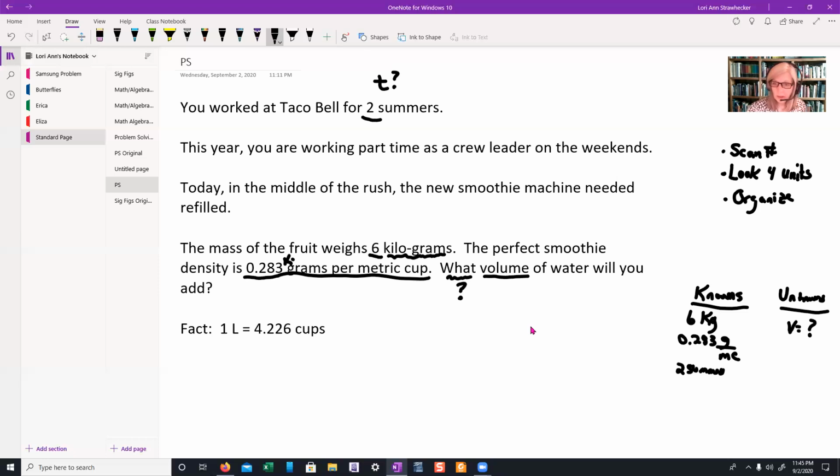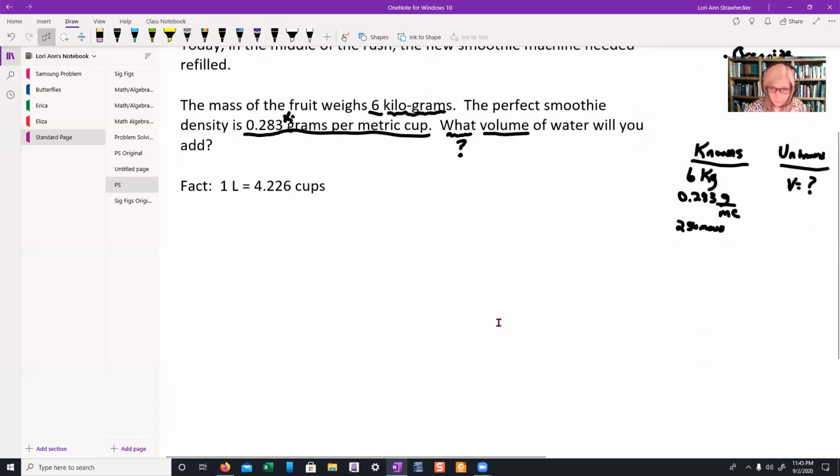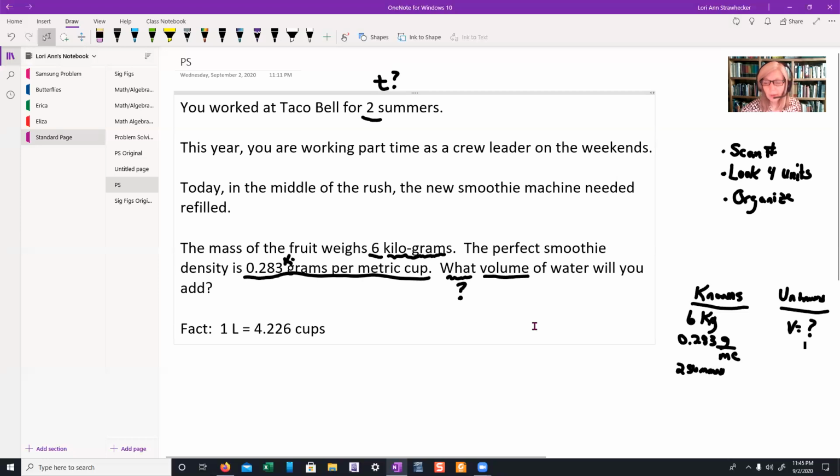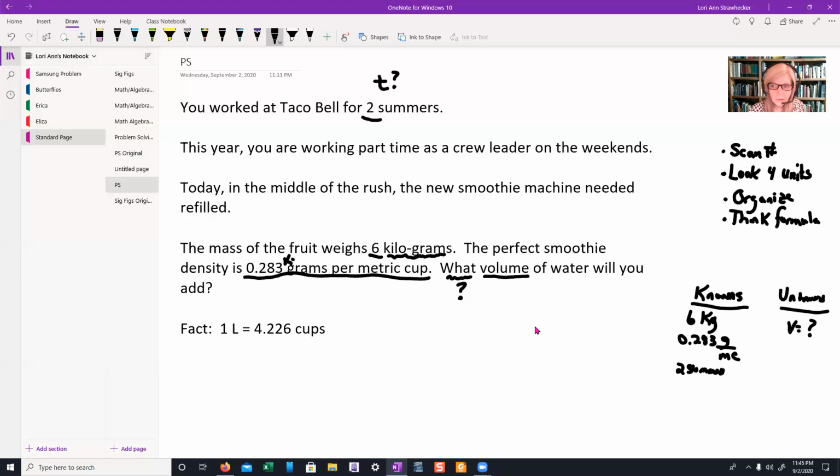All right. So I'm going to go ahead and scroll down just to give you a better feel. Again, we've scanned for our numbers. We've looked for the units. We're beginning to organize. The next thing on our list would be think formulas. And when you think formulas, you need to view the unknown, because that will be your driving force.